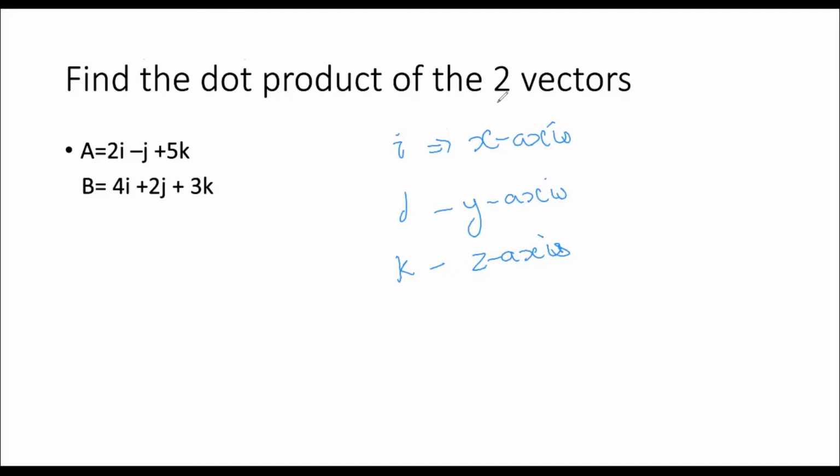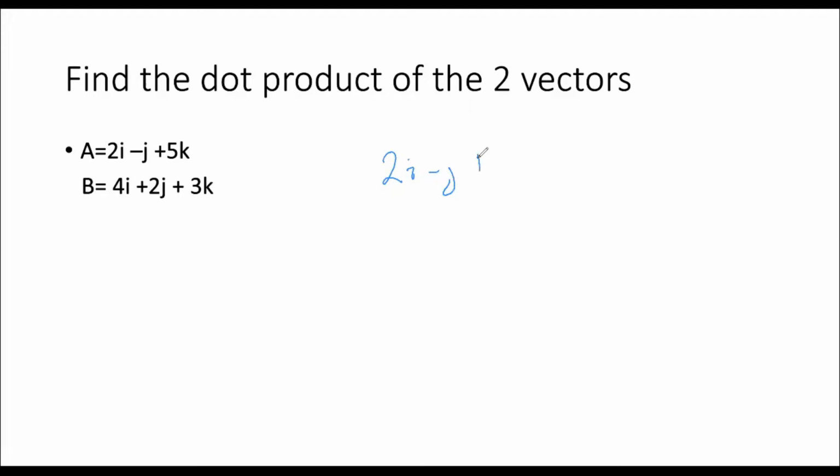So let's try to do this. We have A is 2i minus j plus 5k, and we want to find A dot B, where B is 4i plus 2j plus 3k.